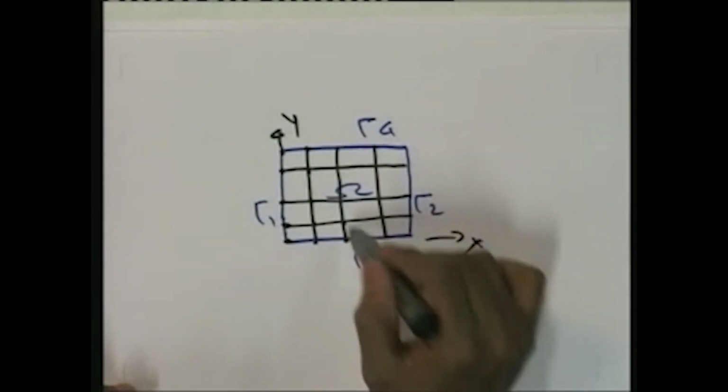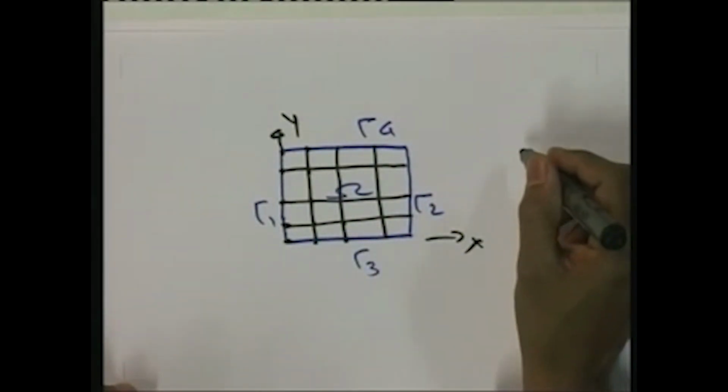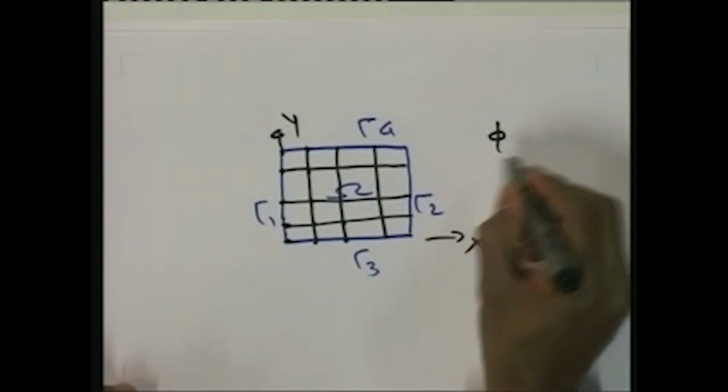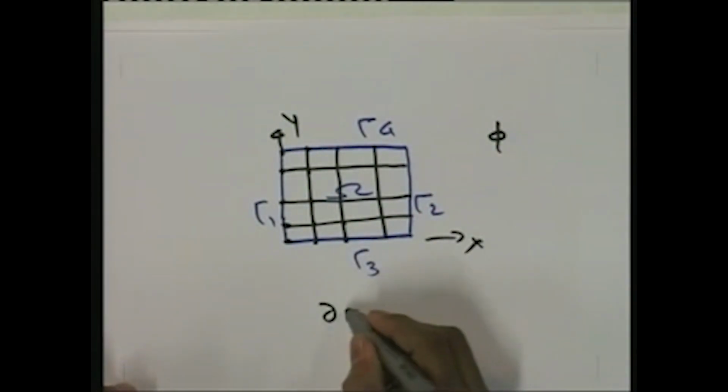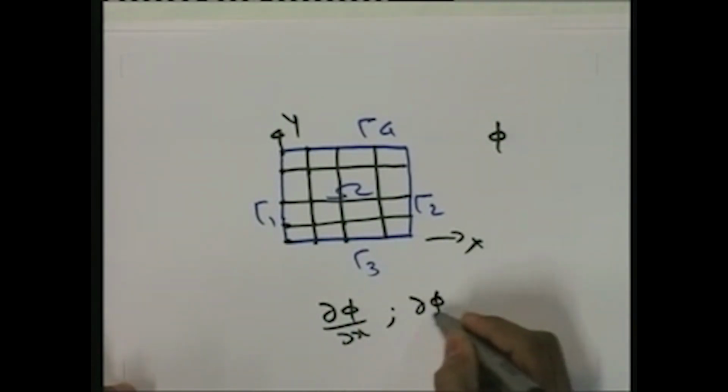You can see a grid of intersecting lines here, and if phi is the function which we try to approximate, then we will have the gradient like del phi by del x or del phi by del y.